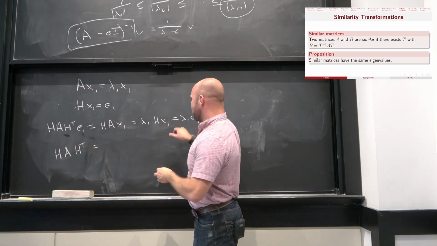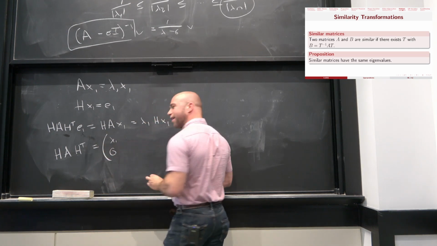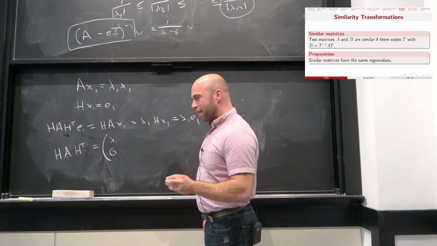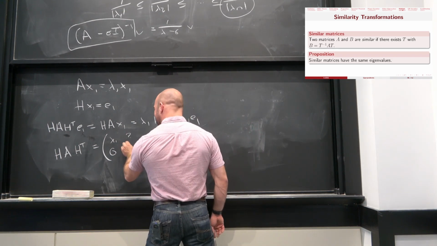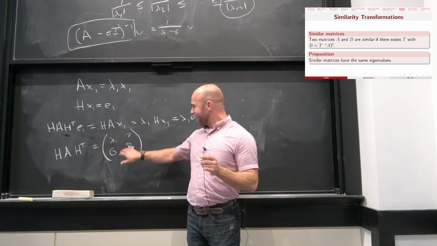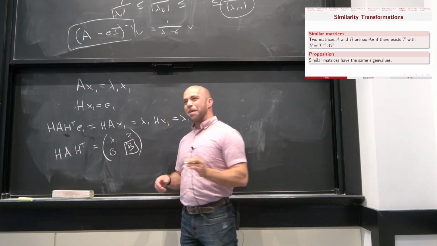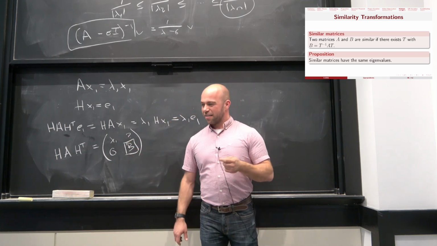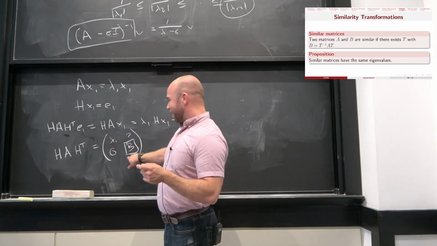So we know that it's lambda 1 E1. In other words, it's lambda 1 and a bunch of zeros. Then we have something here. It actually doesn't matter what it is. And something here. So my matrix looks like this. We don't know anything, but we're going to give the name of this n minus 1 by n minus 1 submatrix B. Everybody with me so far? What are the eigenvalues of B?